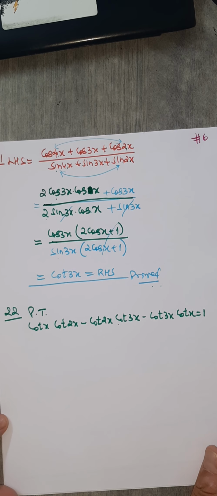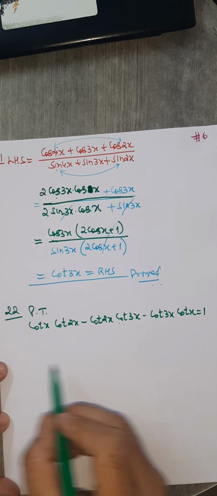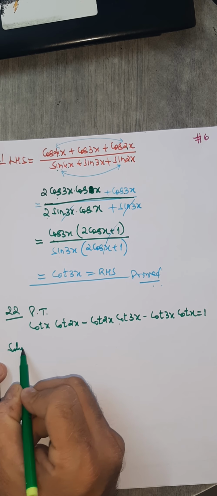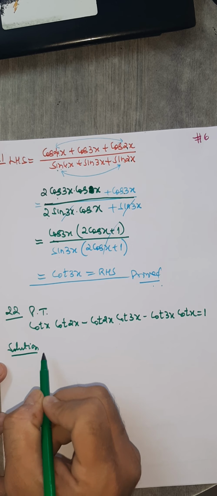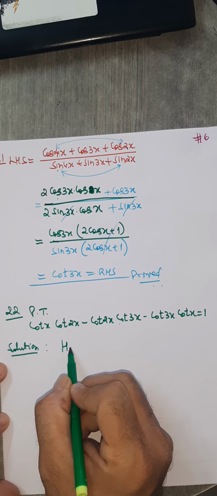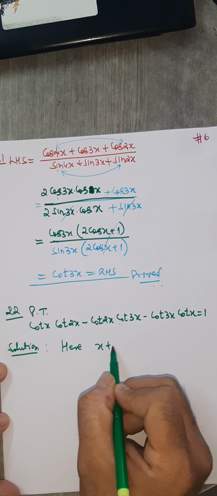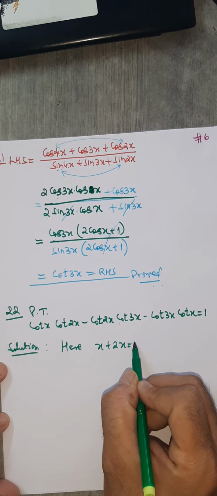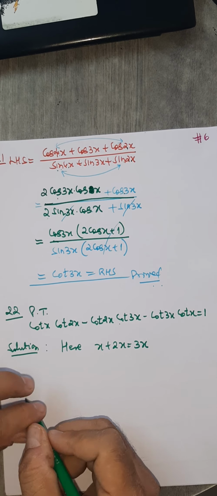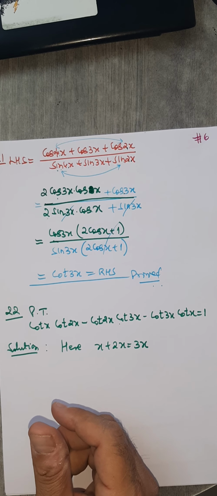So we want to prove this. So how will we do it in the solution? You did such questions for tan function, right? So here you have x plus 2x equals 3x. These three angles you have observed in the question.